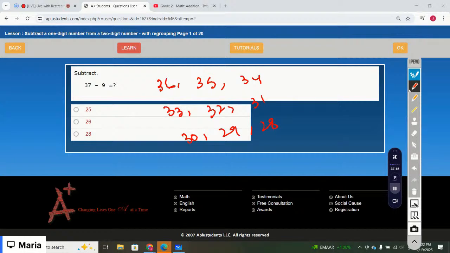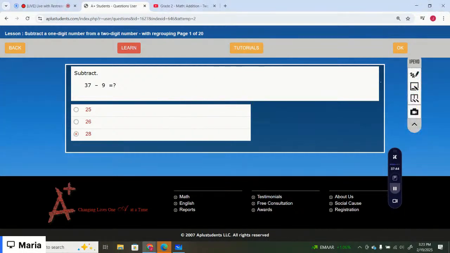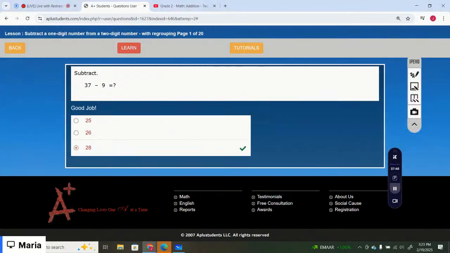So that means 37 take away 9 is 28. Option number 3 is the correct option.